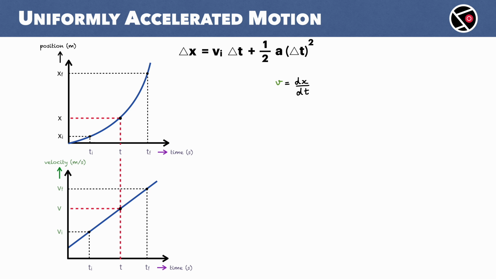This is true for any point in time. dx is v dt. v can be replaced by Vi plus a delta t, replacing delta t with t minus ti.